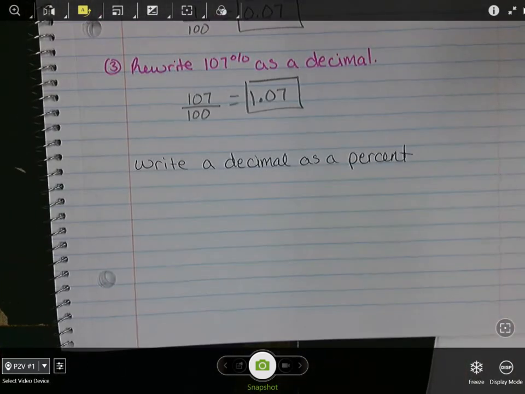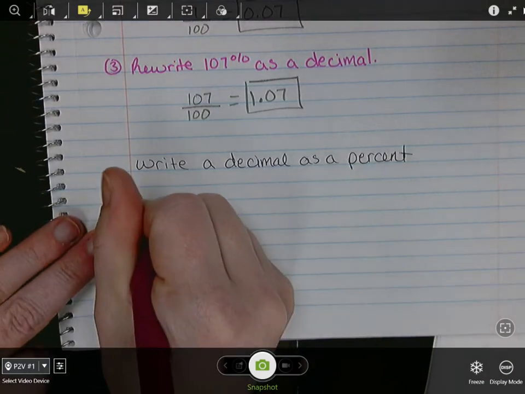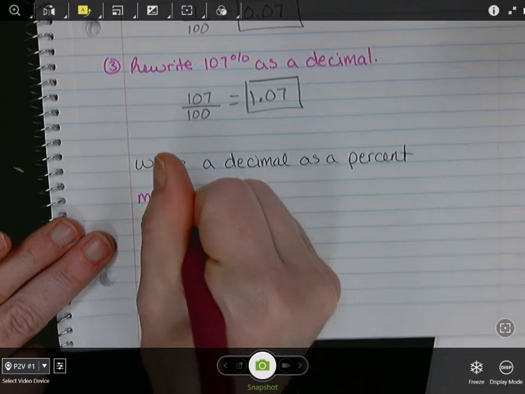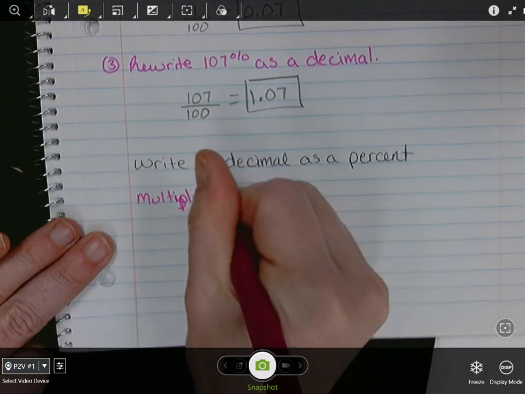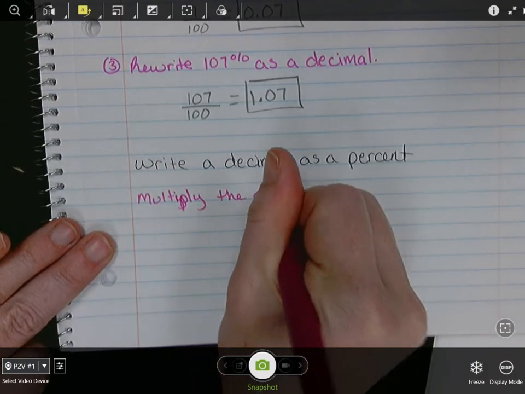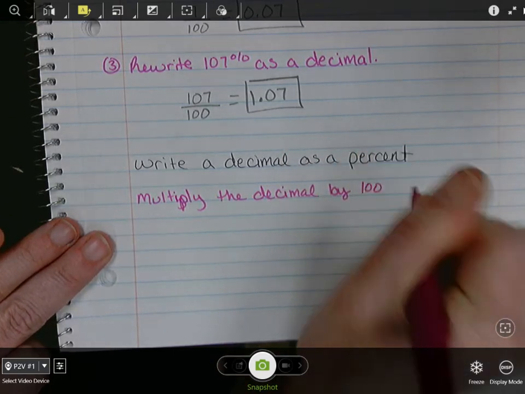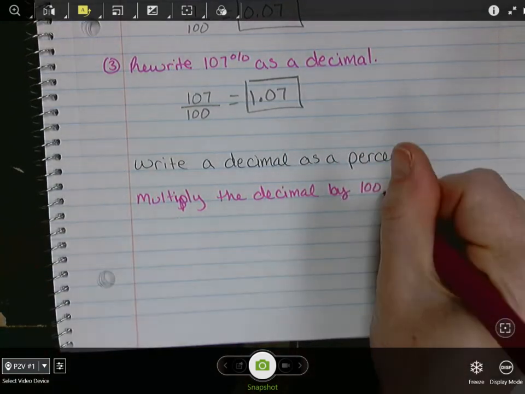Okay. So in order to rewrite a decimal as a percent, you multiply by 100. So you multiply the decimal by 100. And I spelled that wrong. Multiply the decimal by 100. Then add a percent symbol.